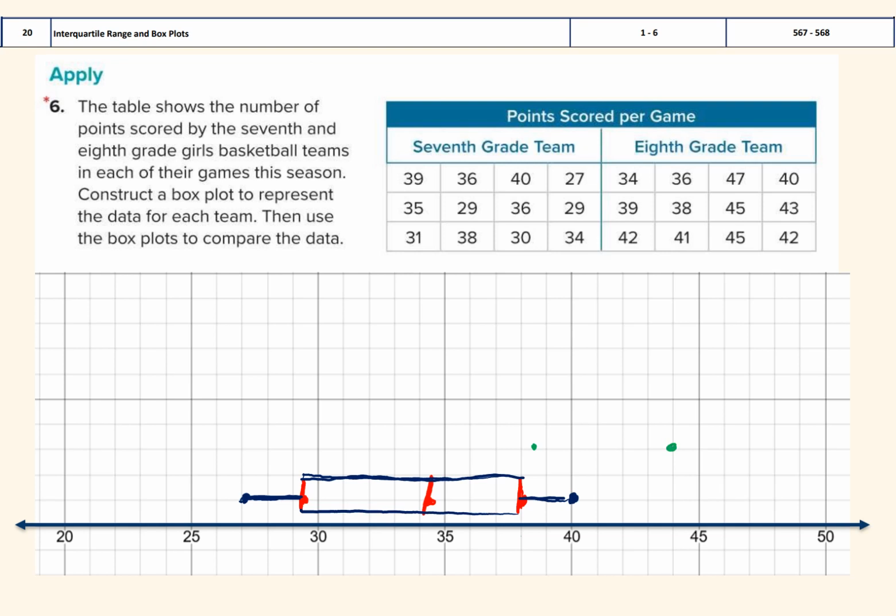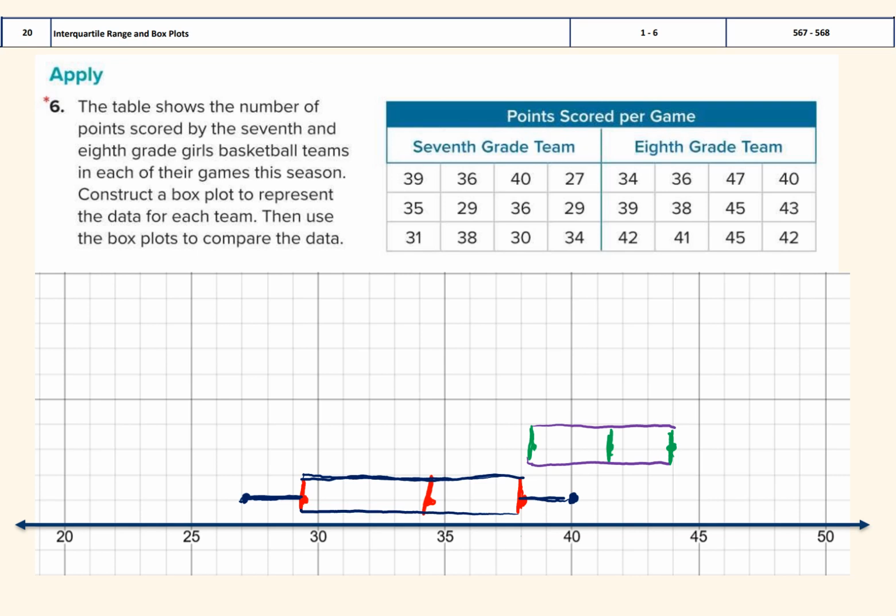Let's draw the median one more time, 41.5. 40, 41, here it is. And then I'll make small vertical line segments this way. Okay? And then I'll be completing the shape of the box this way.